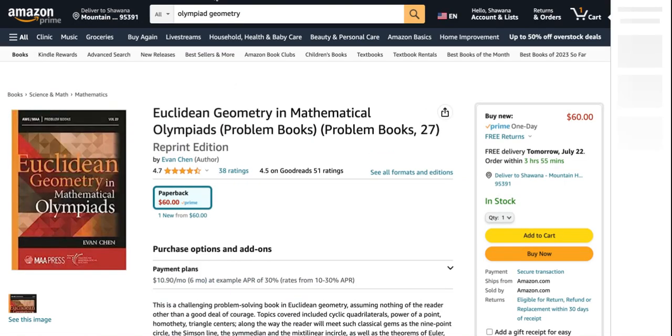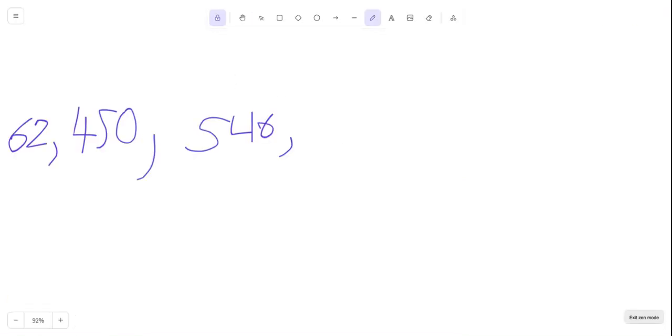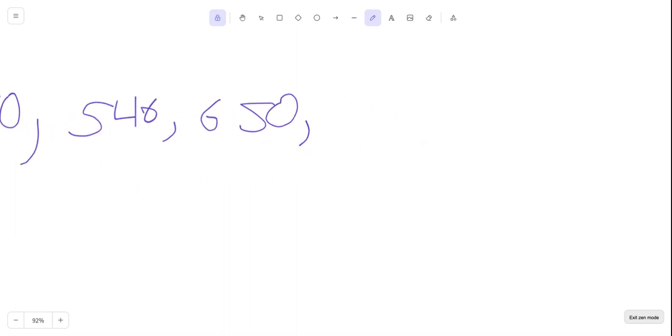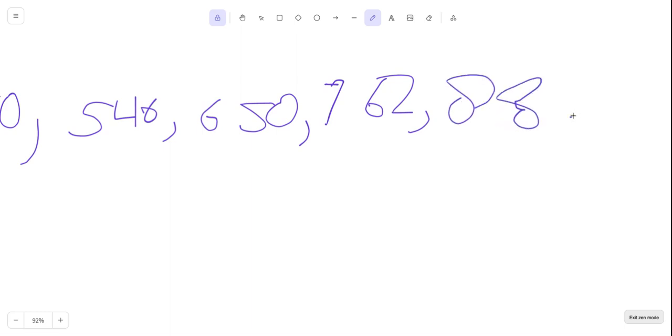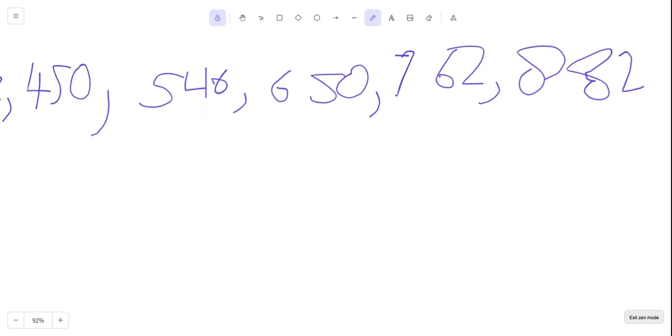We also have 729 minus 79, so 650. We have 762, that's 29 squared minus 79. And then, last but not least, 961 minus 79 is 882. 882 is the answer.